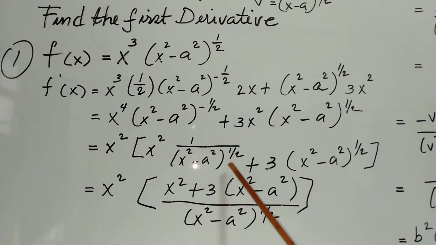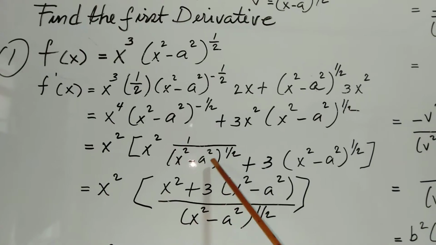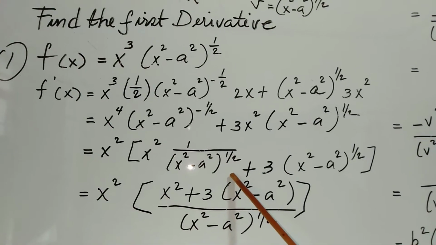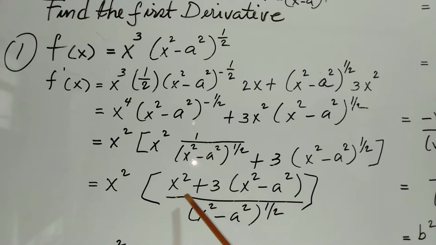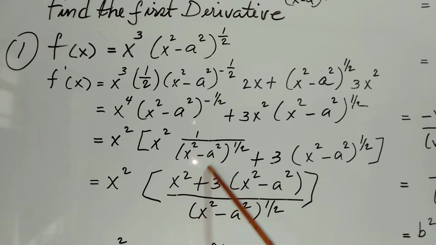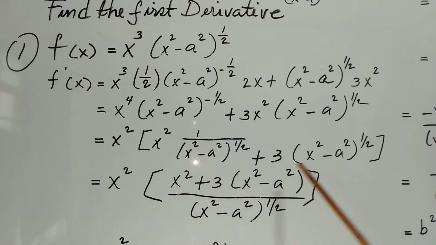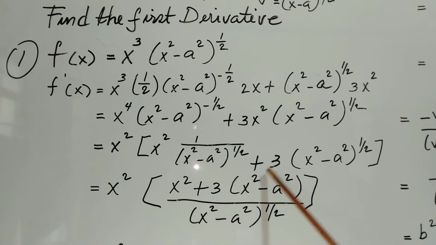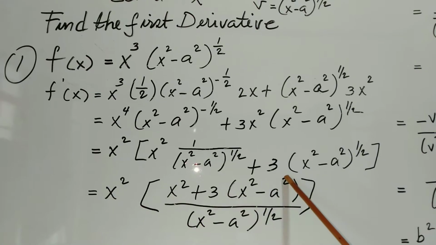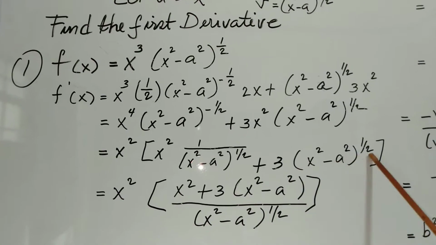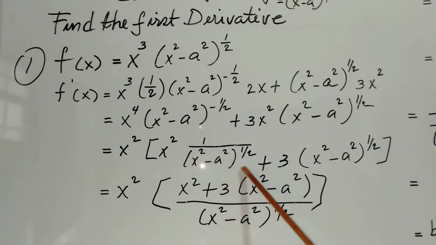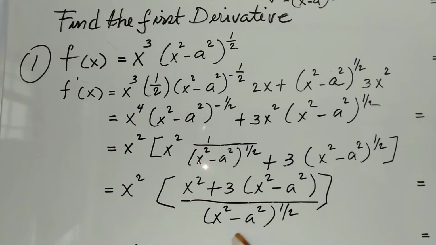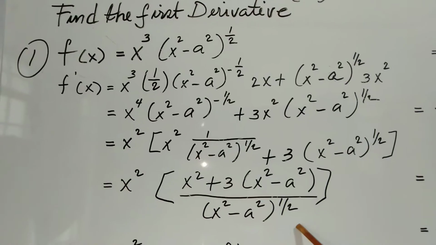Since our LCD is x squared minus a squared raised to 1 half, we'll continue: x squared times the bracket, and this one up here times 3 is 3 times the quantity x squared minus a squared raised to 1 half, all over this binomial, x squared minus a squared raised to 1 half.